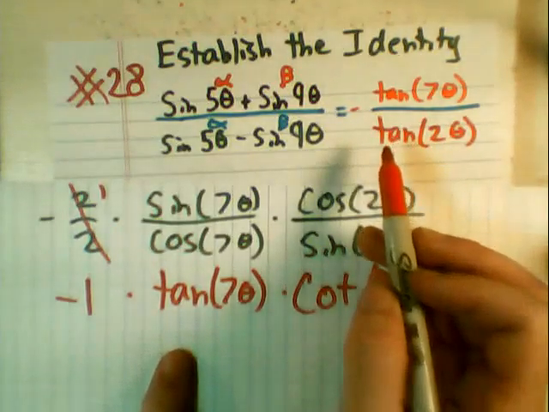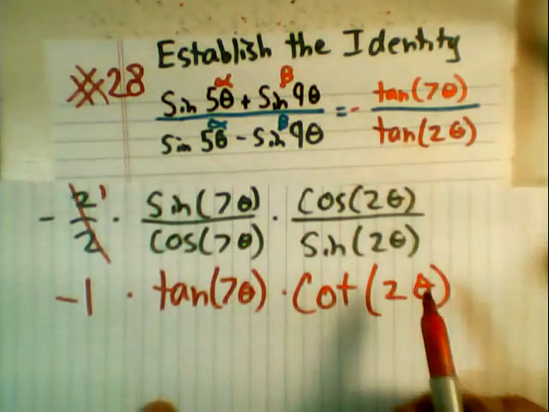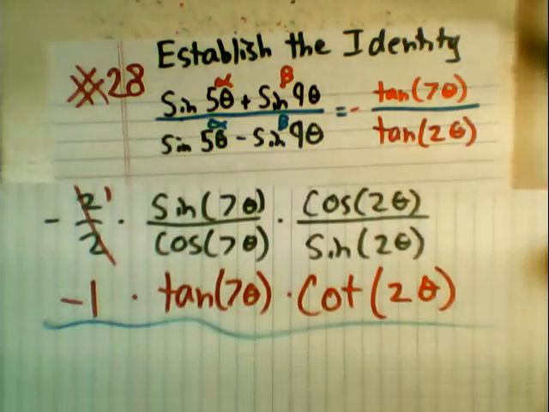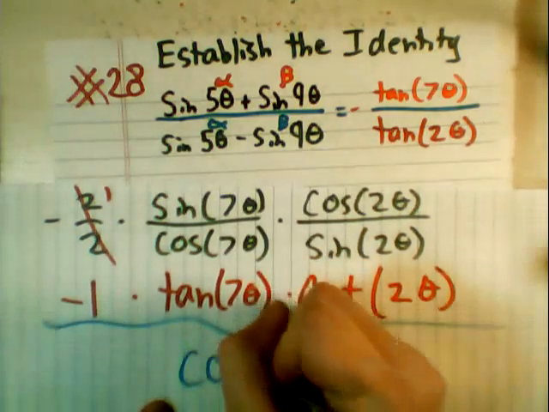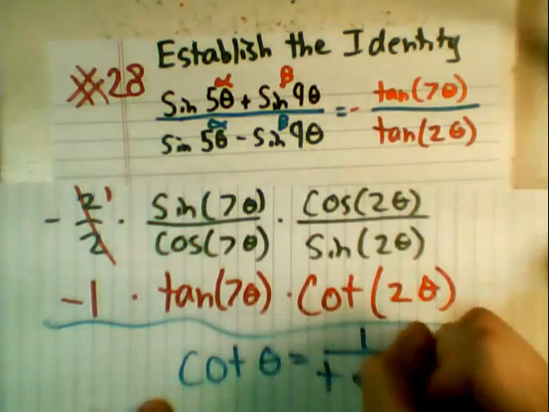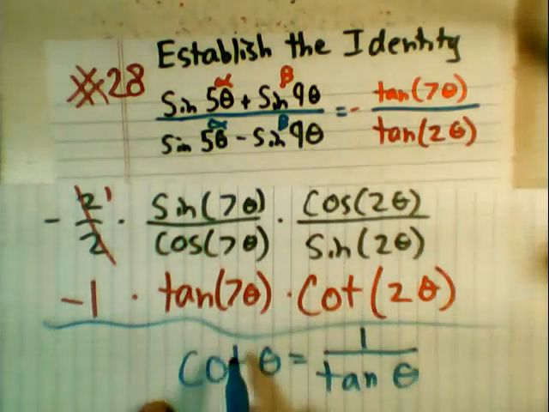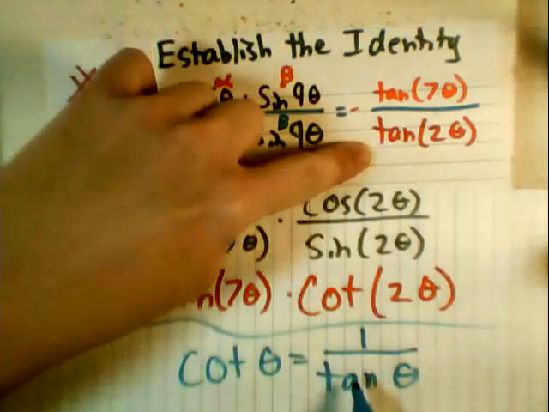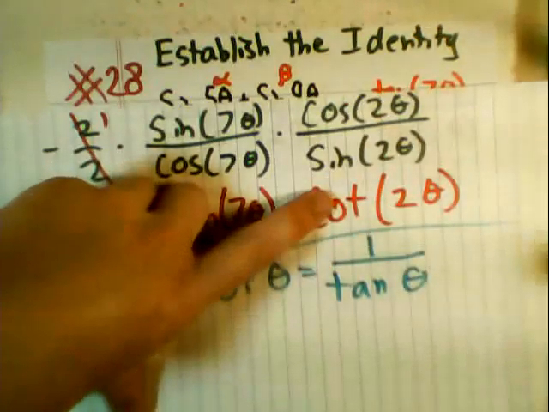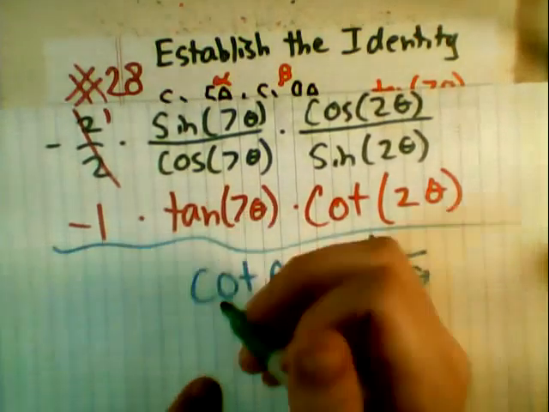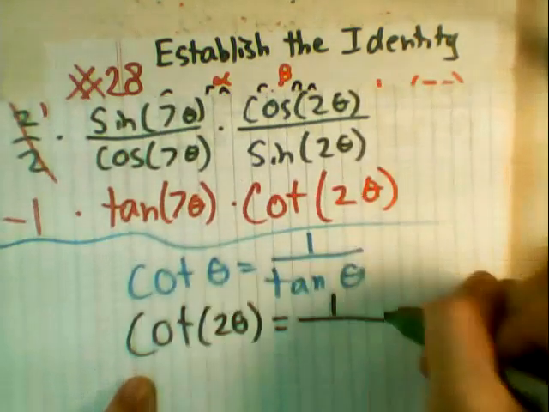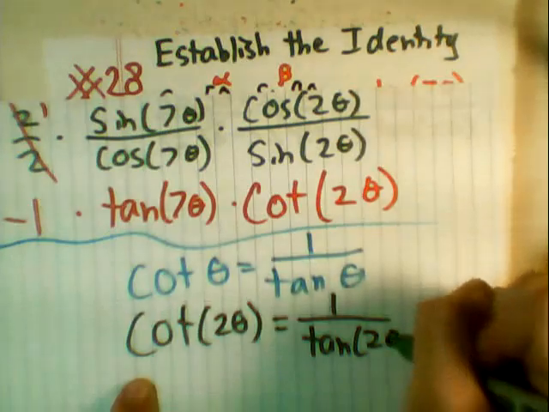We want to get this, but we have this. Let's recall that cotangent of theta is equivalent to 1 over tangent of theta. We're going to use this to get the denominator of our fraction. So cotangent of 2 theta is equal to 1 over tangent of 2 theta.